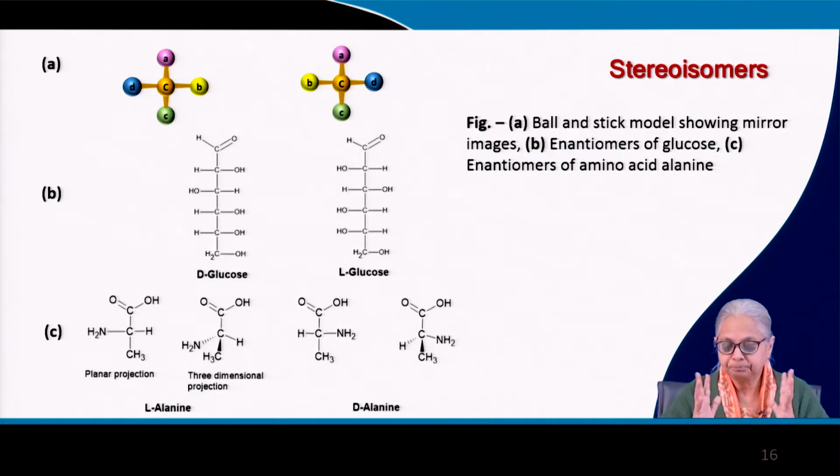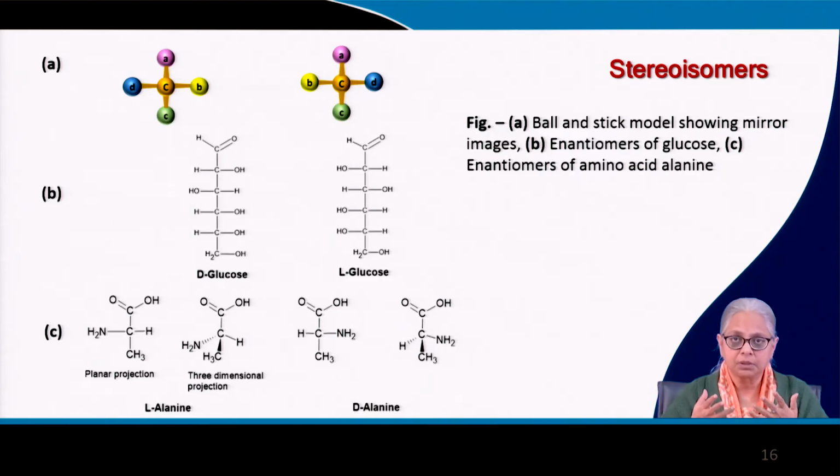So if you have an L-glucose molecule, it is not going to be digested by microorganisms or even by human beings. It will bypass the digestive system and be excreted. And that is the basis of some of these sweeteners.